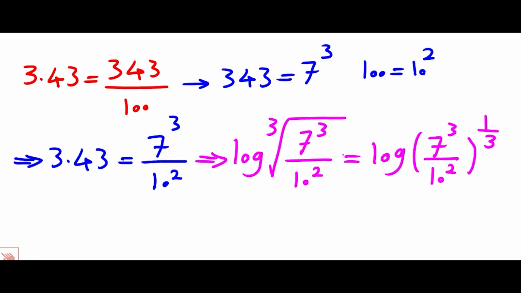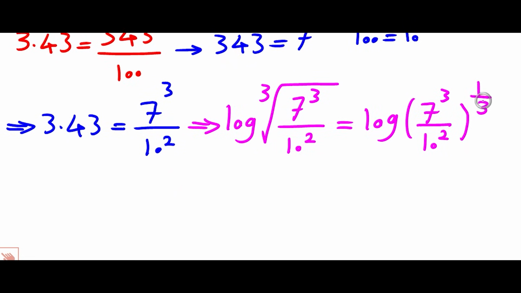Now using the power rule of logarithms, we can bring the exponent 1 over 3 in front of the logarithm. So we have 1 over 3 log of 7 cubed over 10 squared.